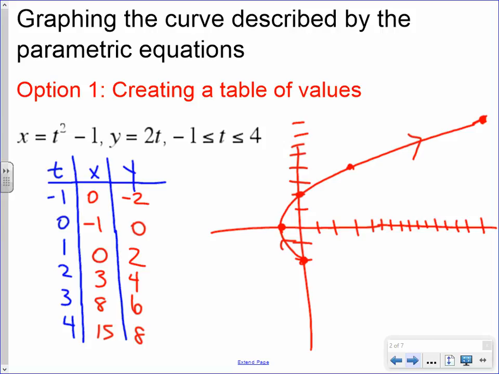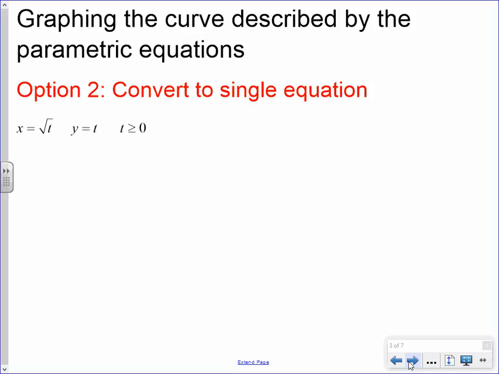What is the second way that we can graph parametric equations? We can eliminate the parameter, convert it to a single equation.